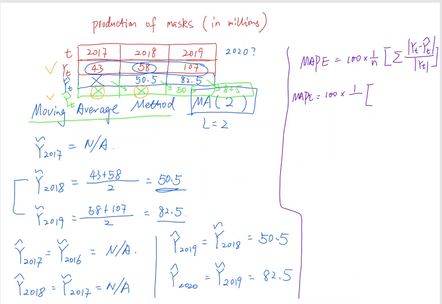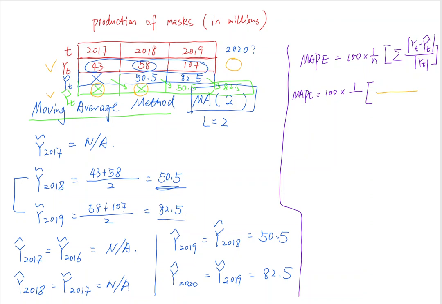Do you have the pair for 2020? No, because you don't have yt, but you have yt hat, right? So you cannot find this pair. So actually, after you check for each year, you can only find one pair of yt and yt hat.